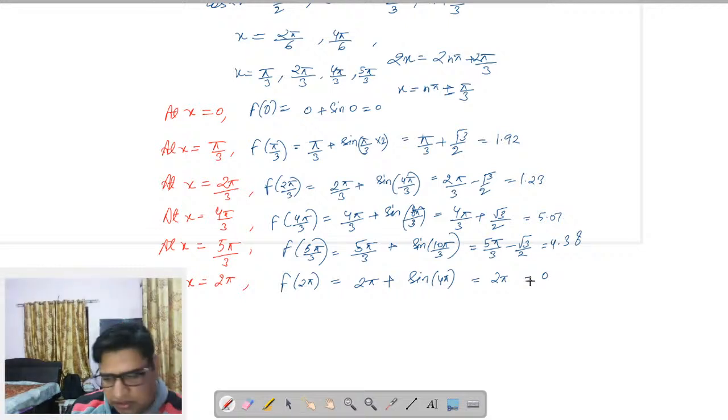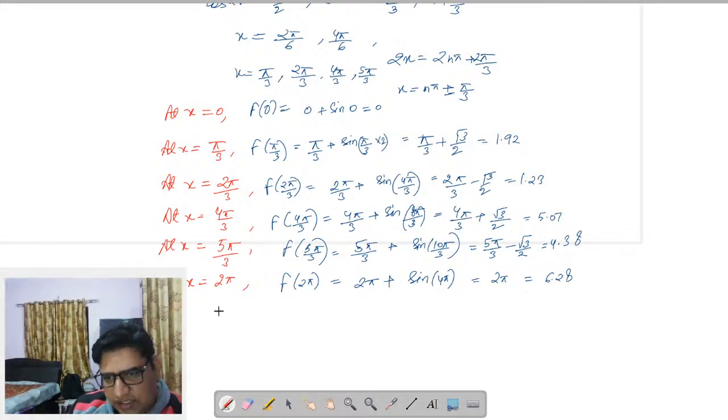Okay, so 2π, if we calculate the value of 2π, so that will be 6.28. So as you guys can see here, the minimum value of the function is at x equal to 0, and the maximum value of the function is at x equal to 2π.